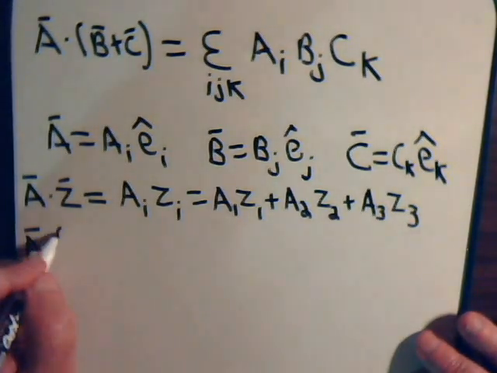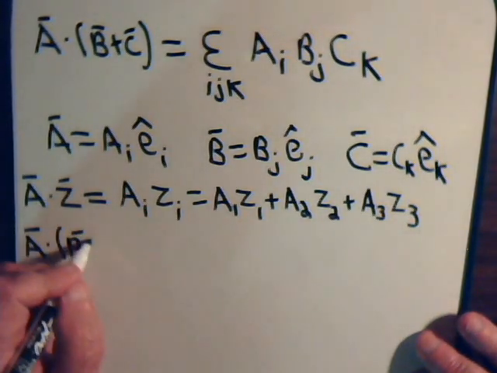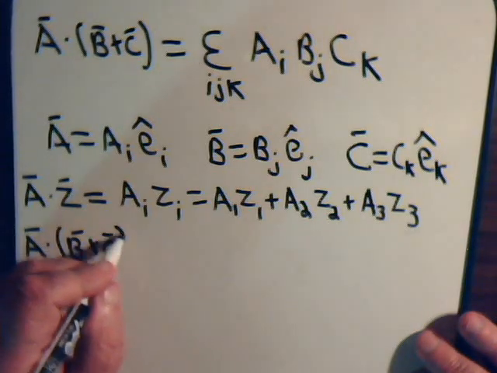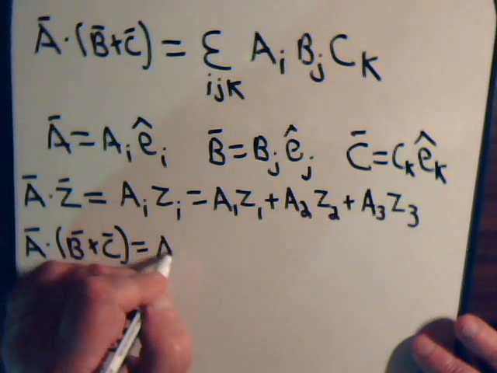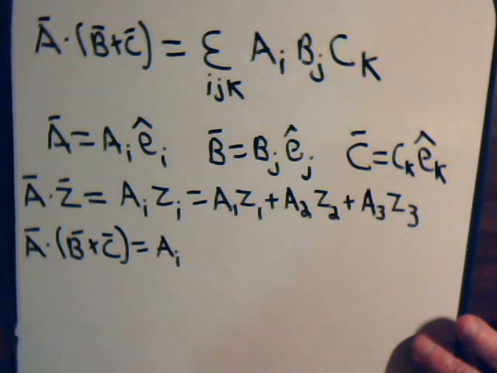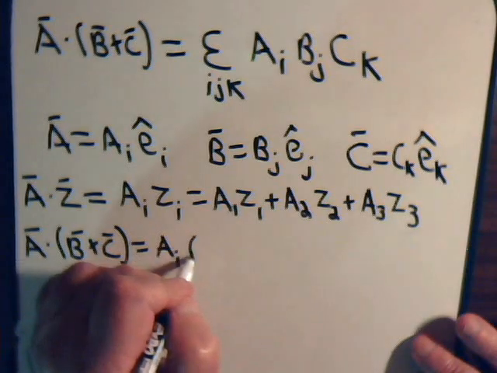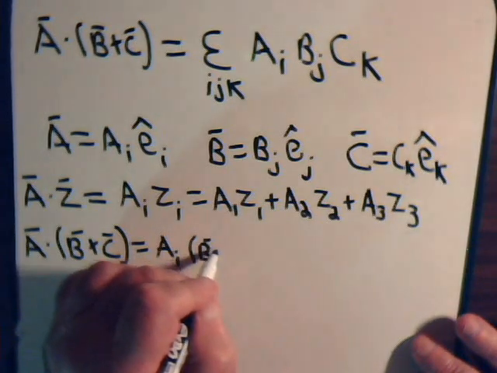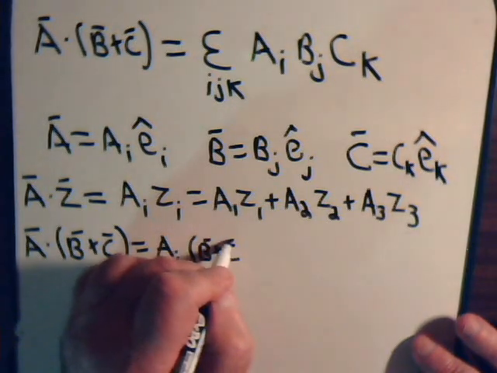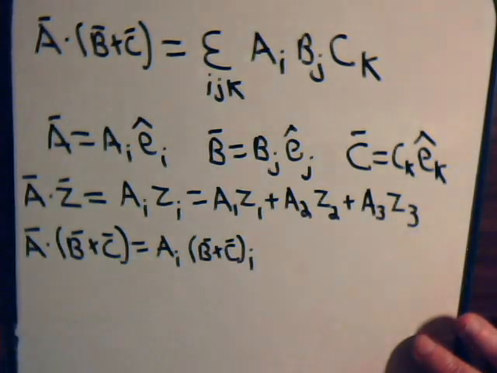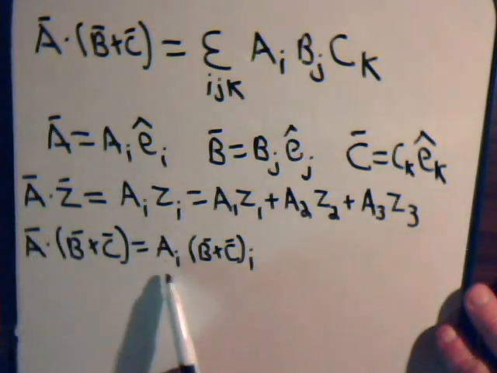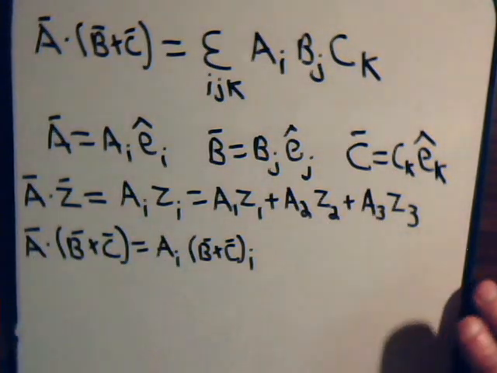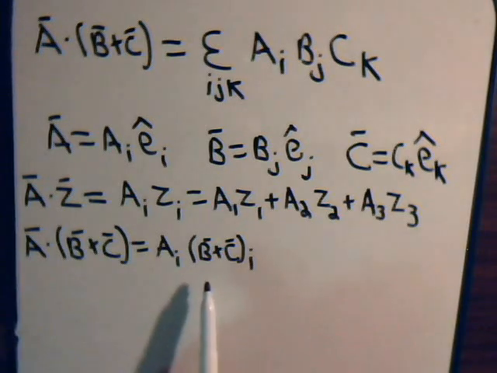A dot B cross C would be an ith component of A times an ith component of vector B cross C, just like we did with vector A and vector Z, exactly the same process. But what is an ith component for B cross C?